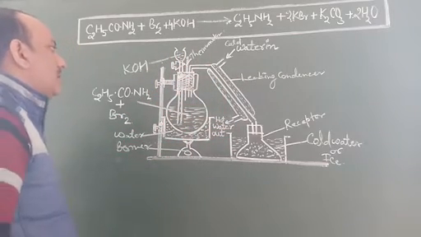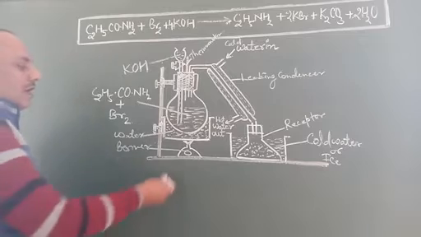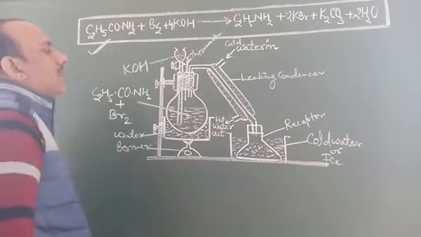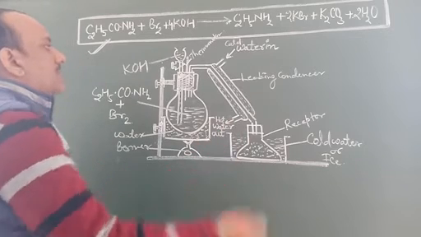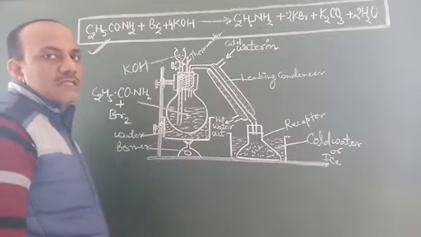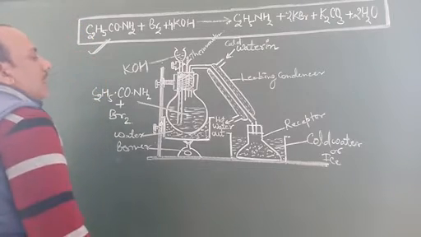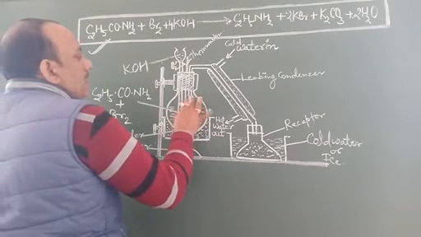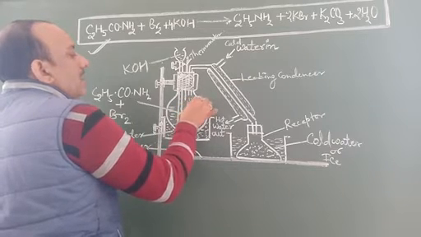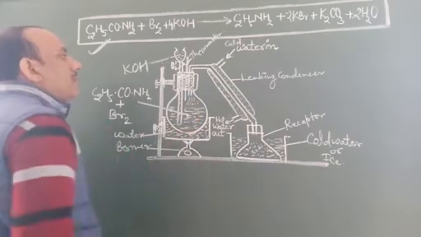After heating, the chemical reaction will start and multi-step changes occur at near about 60 to 70 degrees Celsius temperature. It gives the steam of ethylamine. This is steamed out.